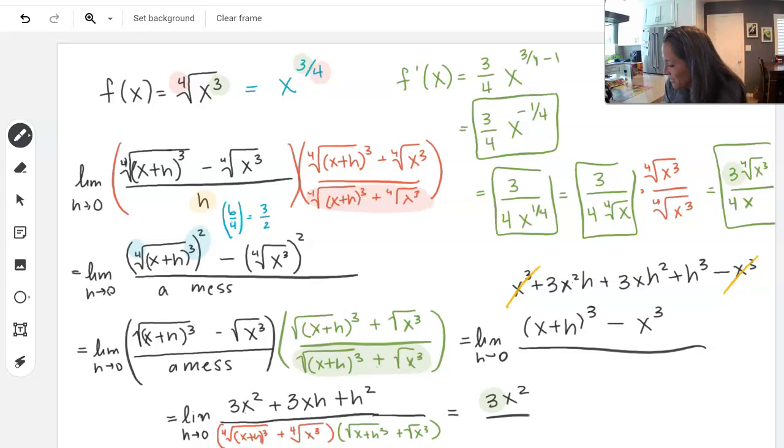In our denominator, we have a fourth root of x cubed, plus a fourth root of x cubed. The h went to 0, so those are now identical. And this is times the square root of x cubed plus the square root of x cubed.